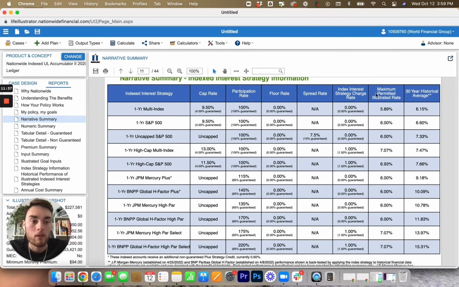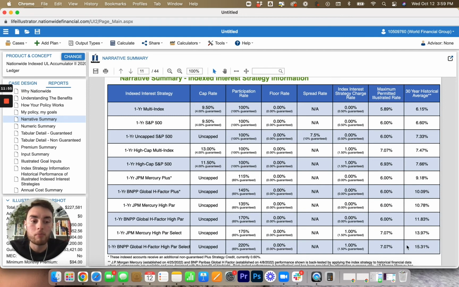Why? Because that's the maximum permitted illustration rate. But this is actually what the 30-year historical average is, 15.31%. It's right there. This is on the insurance company's contract.